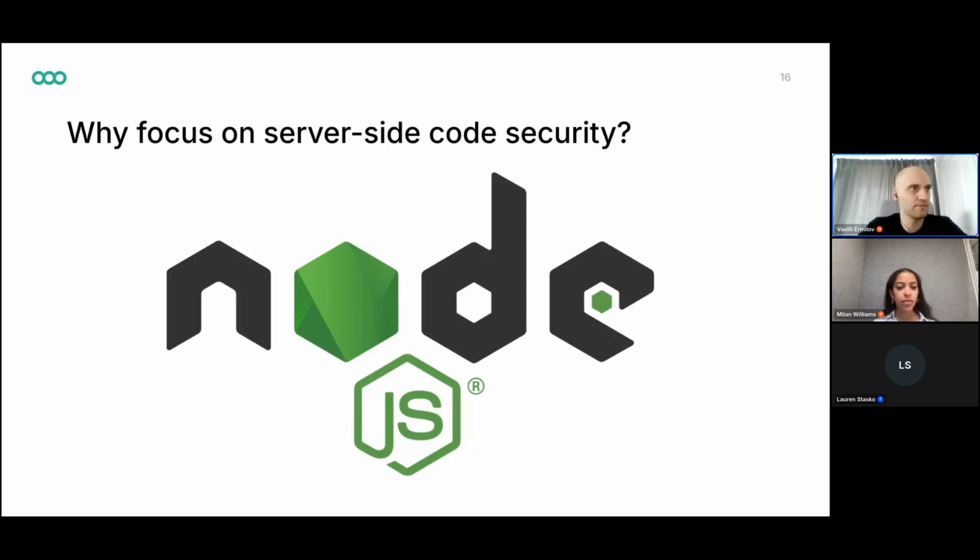And this is due to the fact that client-side code, the JavaScript that runs in the browser, the danger of it is for one user at a time usually, because it is mostly XSS vulnerabilities, maybe a few other small weaknesses that also end up being XSSs.